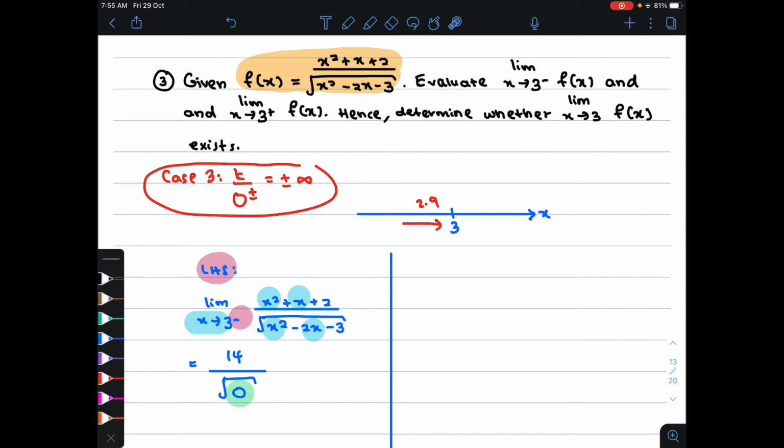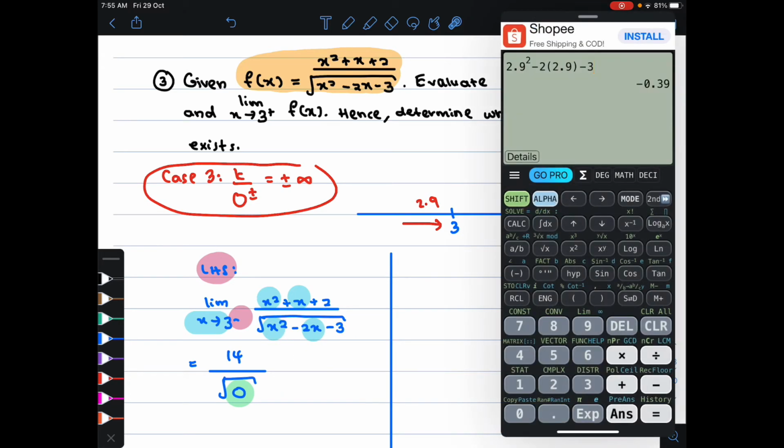So you're going to substitute 2.9 into x squared minus 2x minus 3. Because we want to know, is this 0 plus or 0 minus? And using calculator, the answer is negative 0.39. So this means that this is 0 minus.